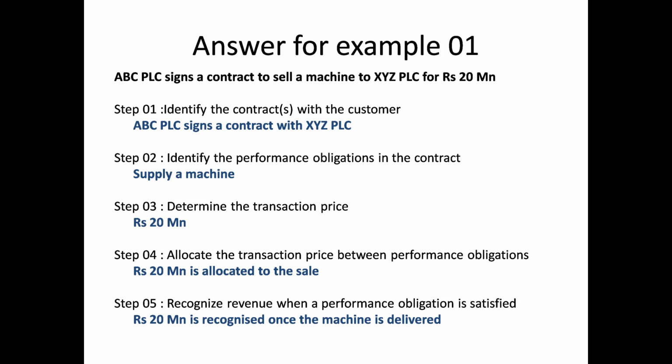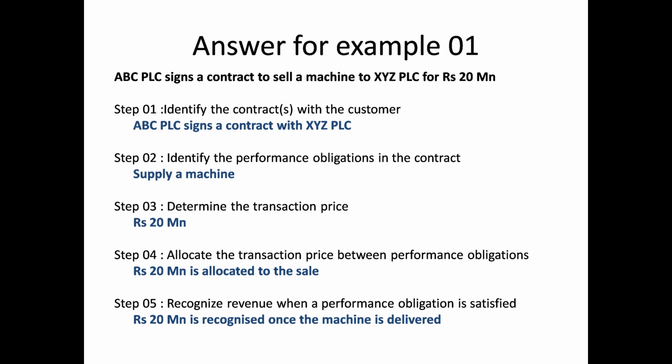Rupees 20 million is allocated to the sale. Step 5. Recognize revenue when a performance obligation is satisfied. When you are going to recognize your revenue, rupees 20 million is recognized once the machine is delivered.